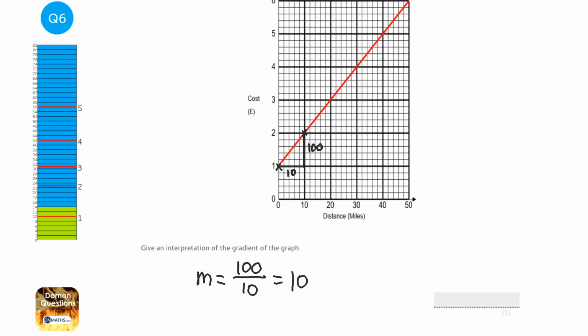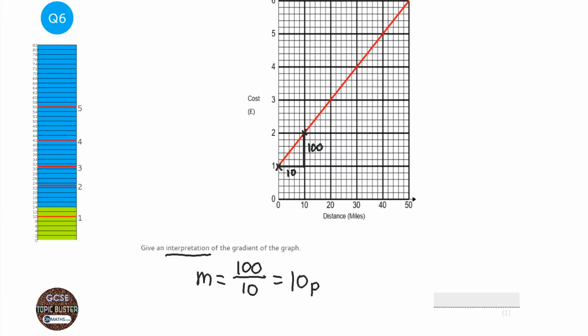Now, it says give an interpretation, so we haven't finished answering the question. What does that mean? Well, it means for every 1 mile that we've gone, it's going to cost 10 pence. Now remember, I converted this into pence, so instead of in pounds, it's going to be pence.